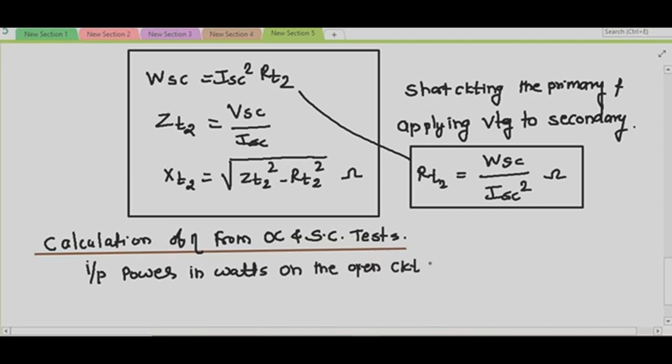Means when you have performed the open circuit test on the transformer, what is the input power? W0. And that W0 is nothing but your iron loss, which is denoted by PI.